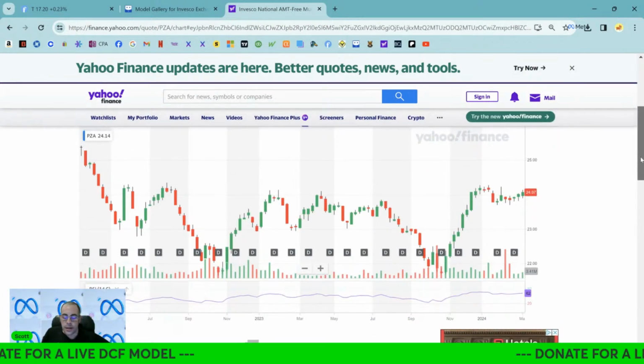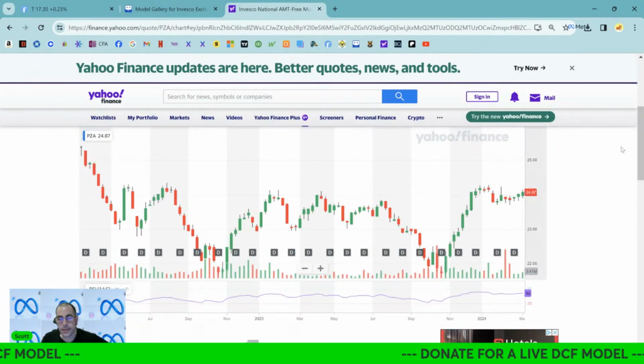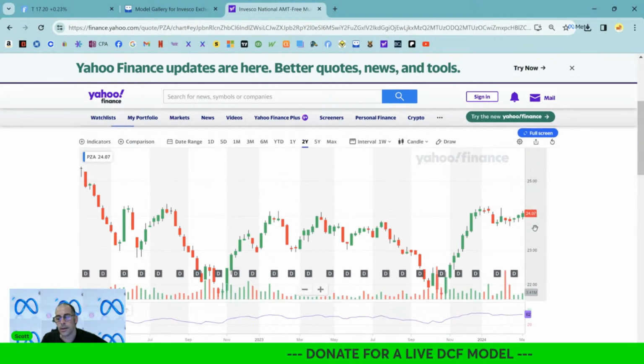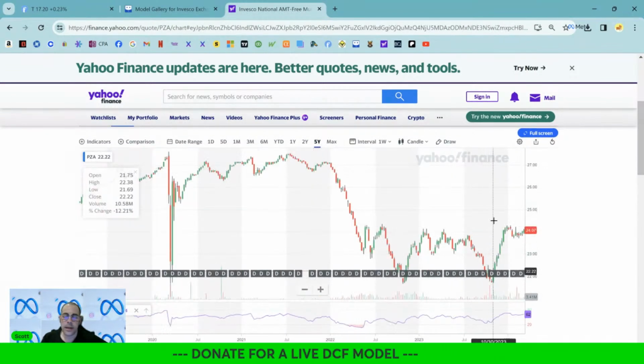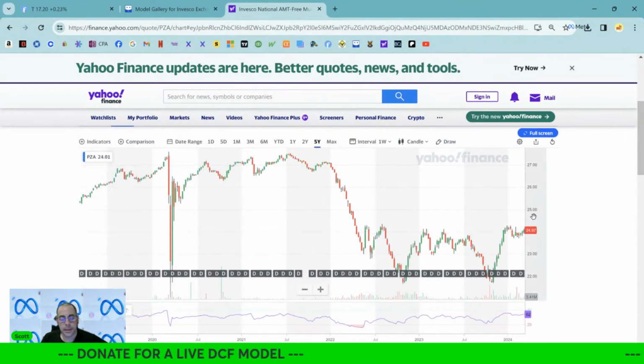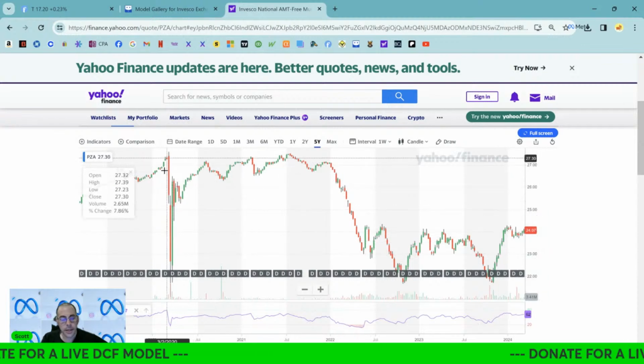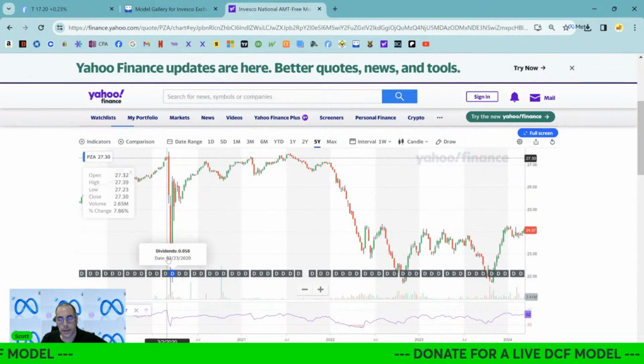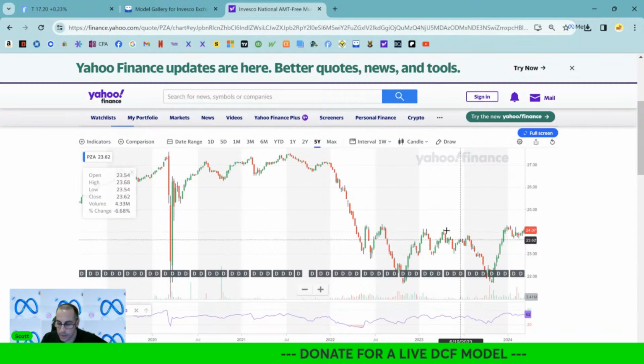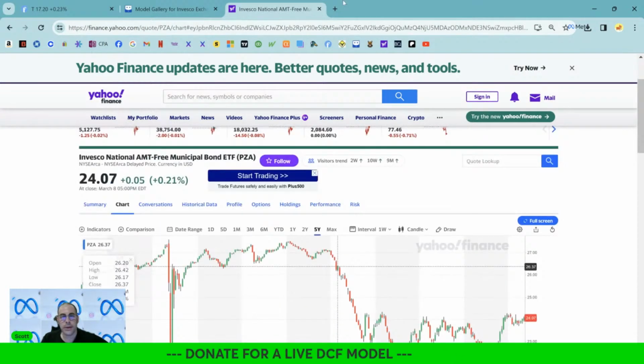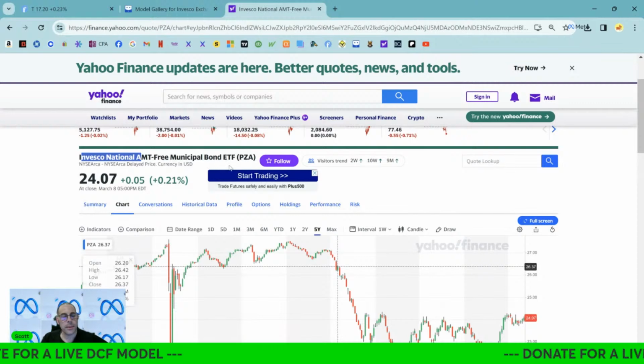I used to insure muni bonds and structured bonds like mortgage-backed securities. I guess that was the COVID crash. Yeah, but it's hard to value something like this. Invesco National AMT Free Municipal Bond ETF.